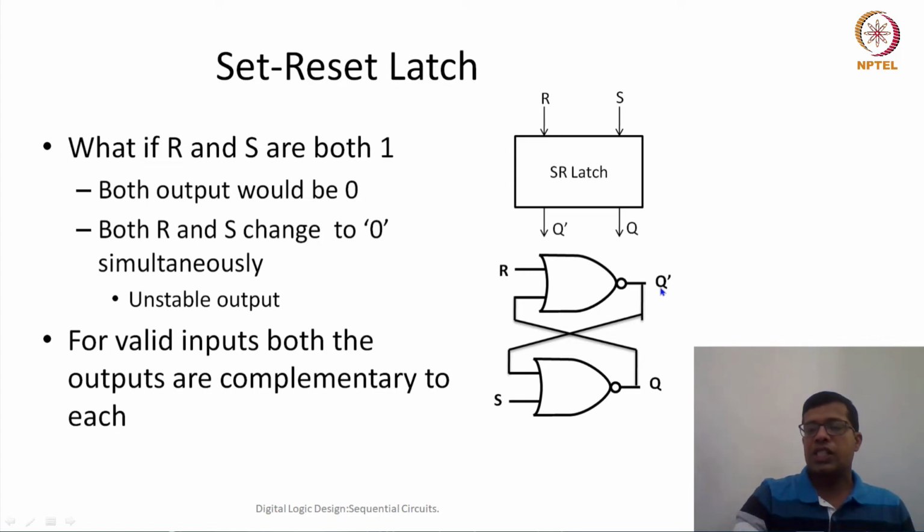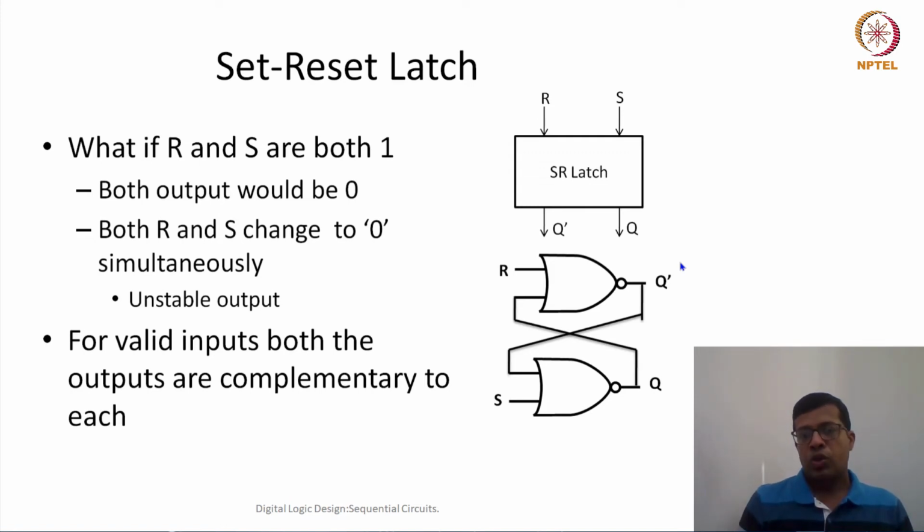So this goes beyond, or is not going along with the definition of Q and Q bar. We are saying that one of the outputs is the complement of the other output. So if both of the outputs are zeros, that means we cannot represent them like Q and Q dash. That can still be borne. So we can still bear this fact that the outputs are not complementary to each other, but there are other challenges also.